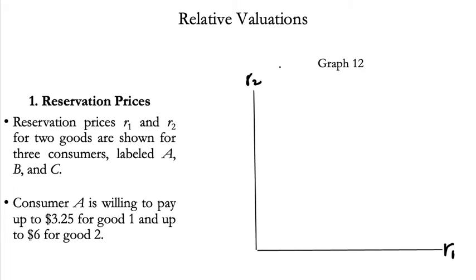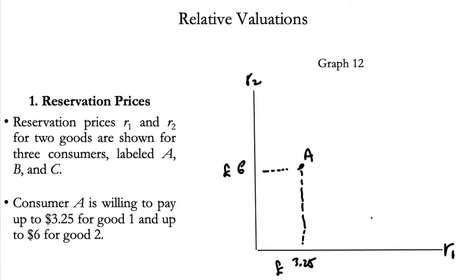Let's say we have 3 consumers, A, B, and C. Consumer A, let's say, is here. The highest that consumer A can pay for good 2 is, let's say, £6. The highest that consumer A can pay for good 1 is £3.25.